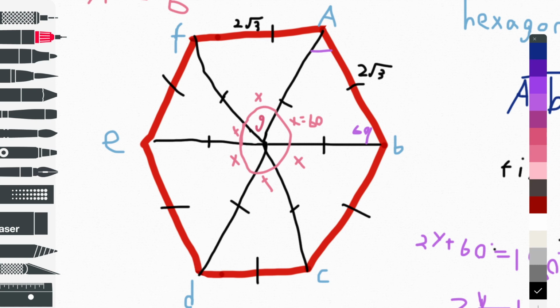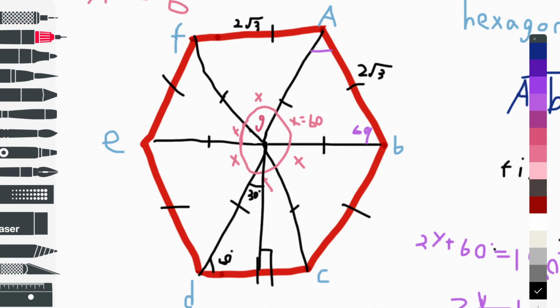So let's go down straight from here, like that. And we know that's a 90-degree angle. So you know that this is 30 degrees, because 60, 30, half of it. So this is 30 degrees. This is a 60-degree angle.